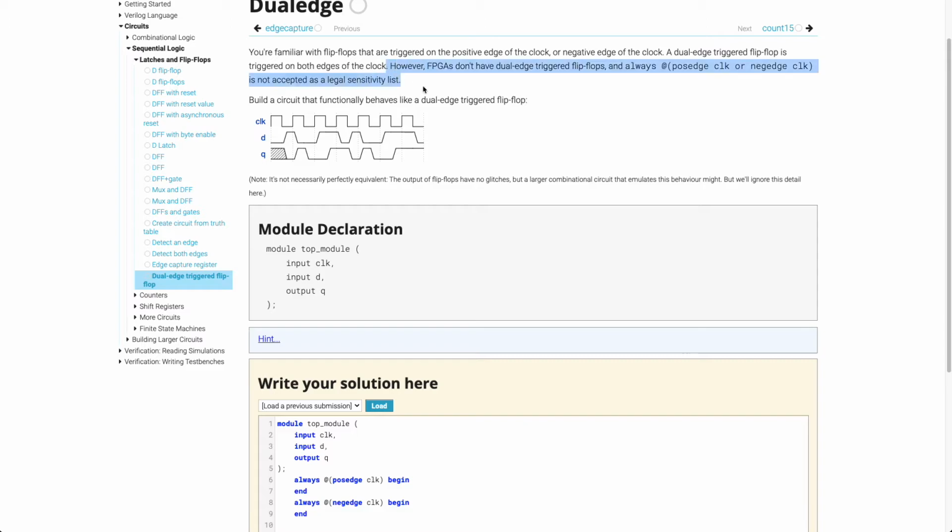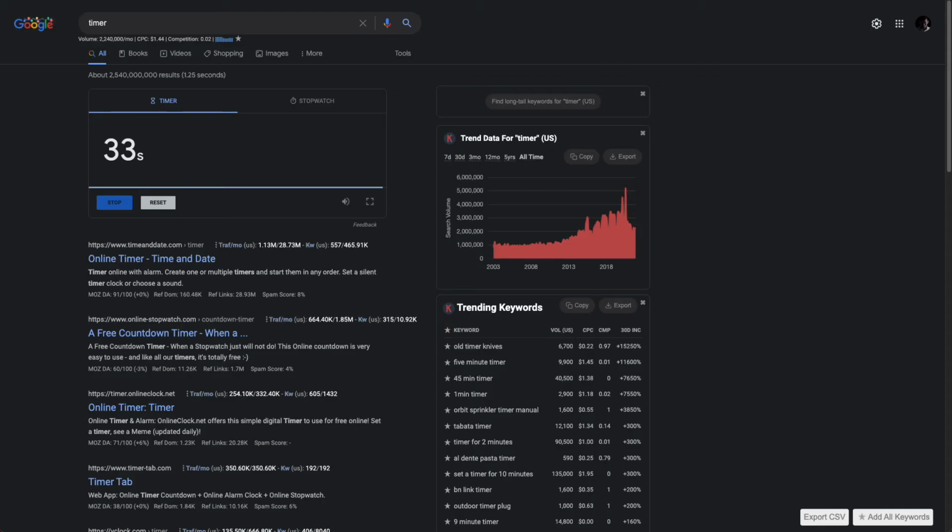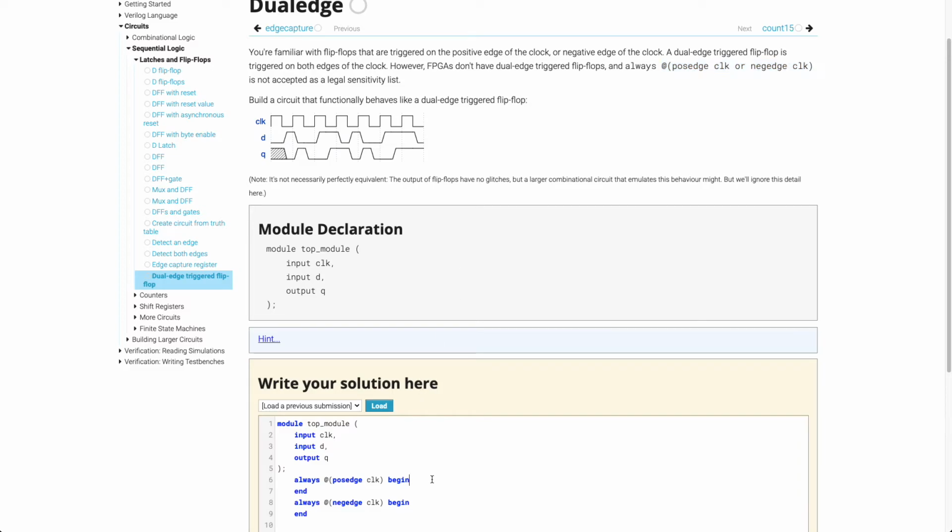Because this one I wasn't thinking like, I guess I read this as an FPGA only has flops of one sensitivity or the other. But I guess this really means there's no FPGAs with a flop that has both. And also this implies that this won't ever be synthesized to two separate flops, which makes sense because flops are individual units.